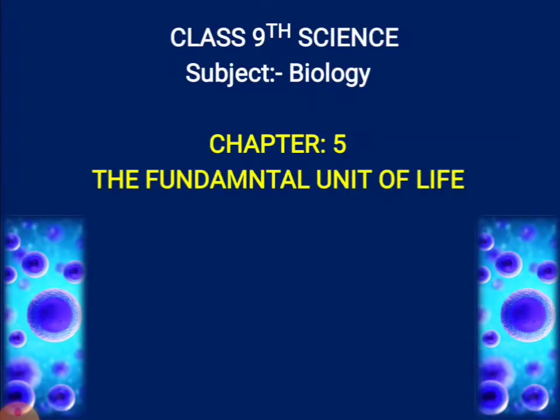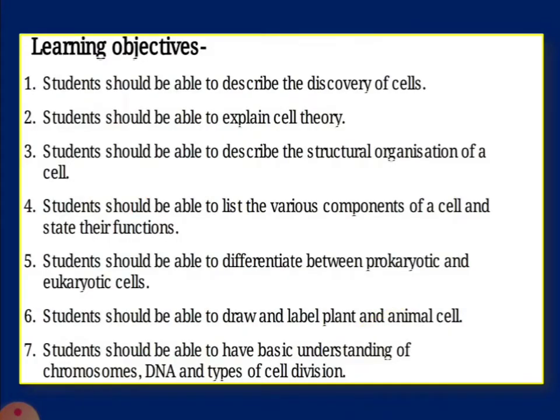The main objectives of learning of this chapter are to study the discovery of the cell, the cell theory, the structural organization of the cell, the various components of the cell and their functions, how to differentiate between prokaryotic and eukaryotic cells, the diagrams of plant and animal cells, and to understand different terms, that is chromosomes, DNA, and types of cell division.